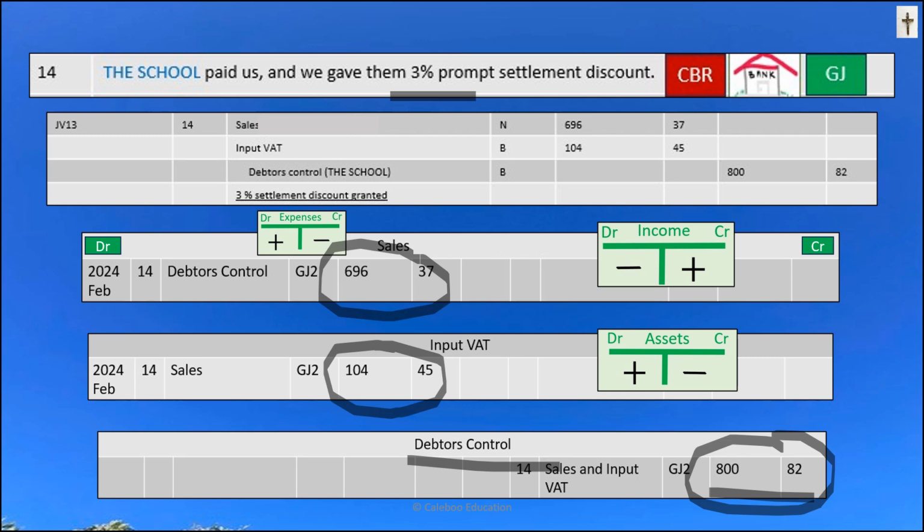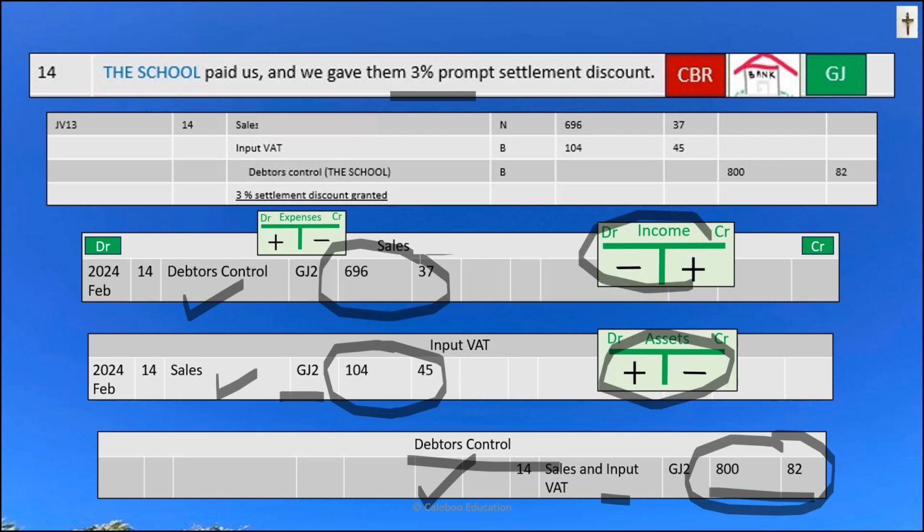There's settlement discount that was given to the school, and there are the accounts that were affected by this transaction, and we've dealt with them. This is discount allowed. In this case here, sales was debited directly, and then we debited input VAT and credited debtors control.